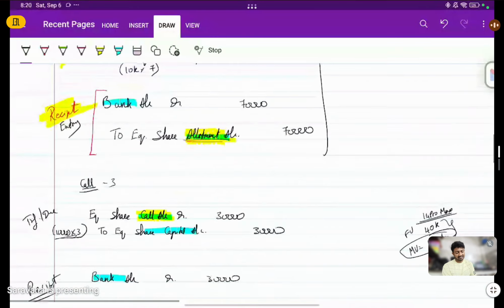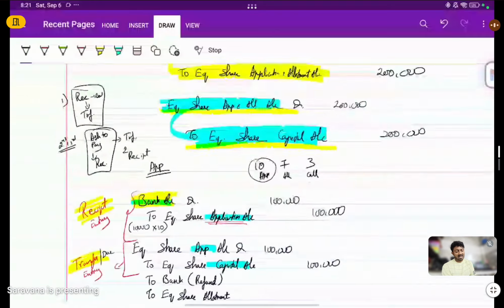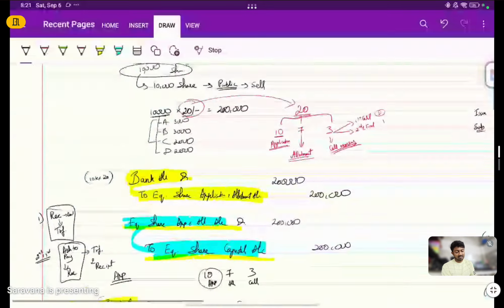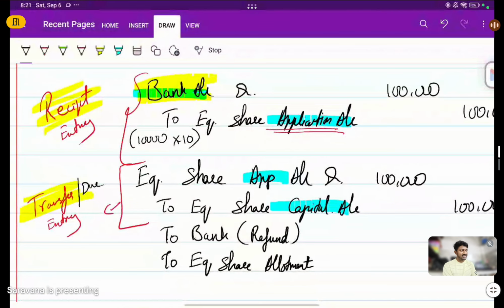So what is the application entry? Bank account debit to equity share application; equity share application account debit to equity share capital account. To equity share capital, to bank. When does to bank come? In refund cases.